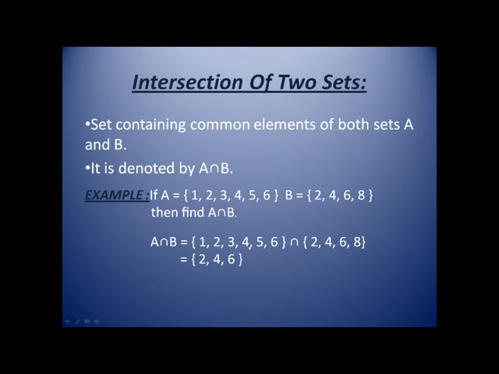Now take the common elements of both sets. So 2 is common in both sets, 4 is also a common element in both sets, and 6 also. So our answer is 2, 4 and 6.